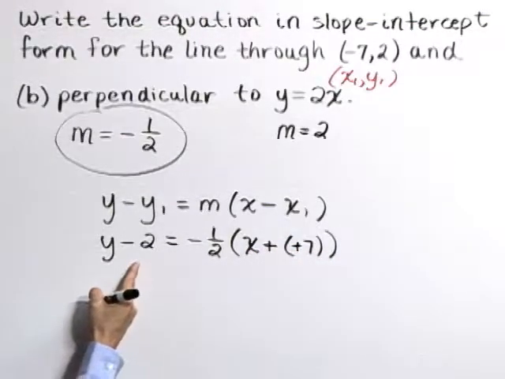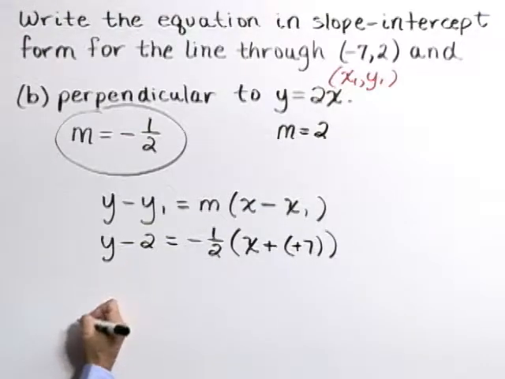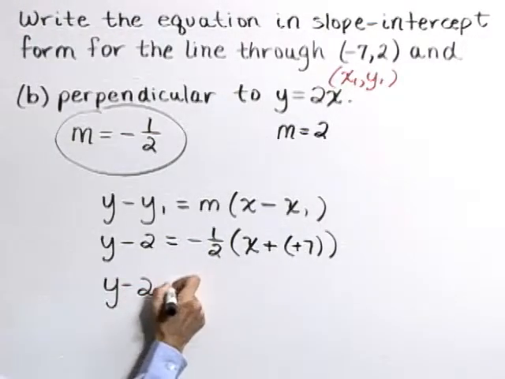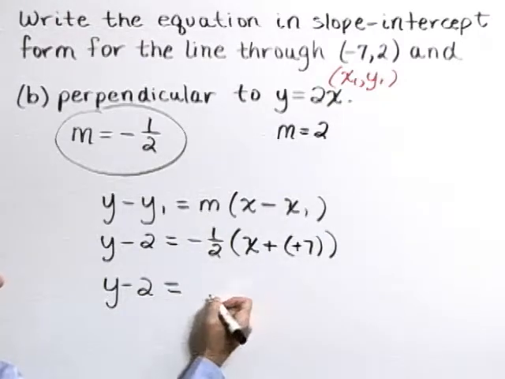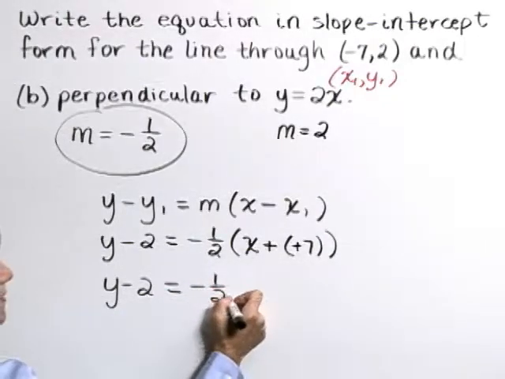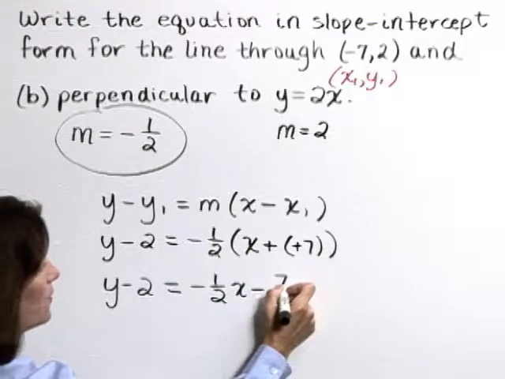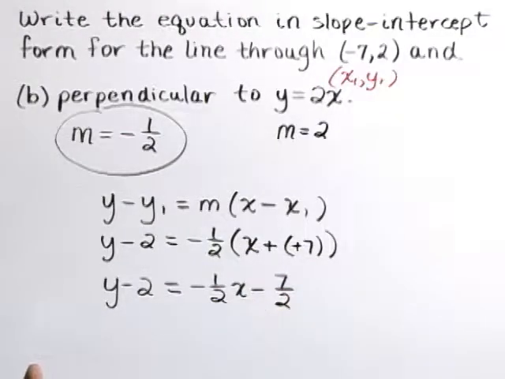We want to write our answer in slope-intercept form, so let's solve for y. Y minus 2 is equal to, distributing, negative 1/2 x minus 7/2.